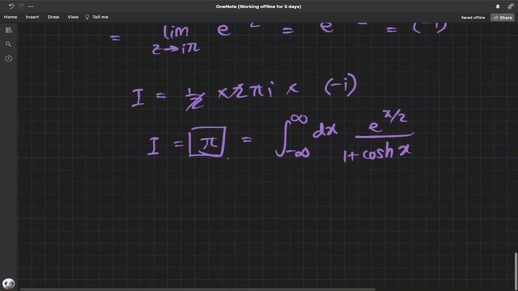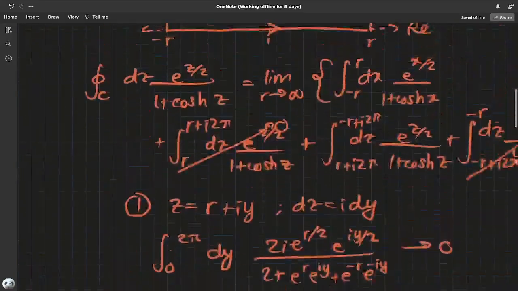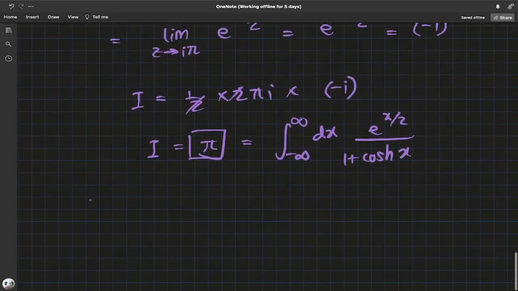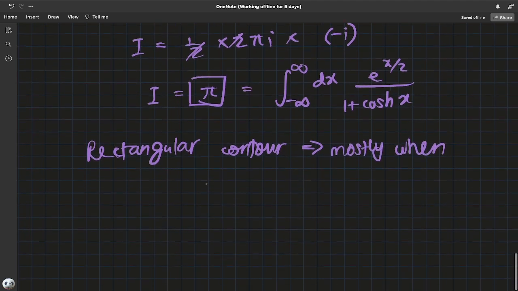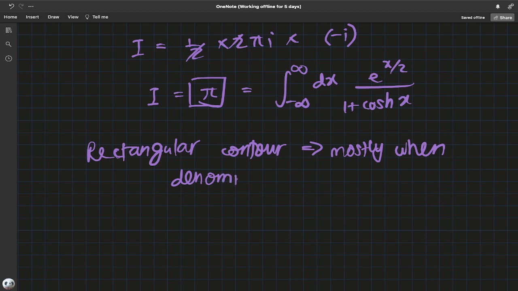Now, this method of choosing a rectangular contour, let me give you my piece of advice, is valid mostly when the denominator has an exponential term in it.